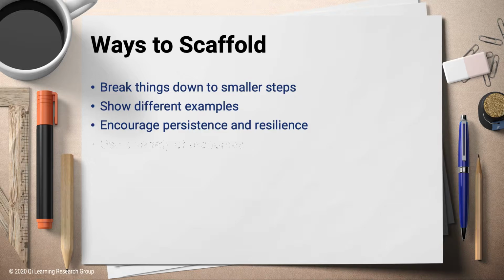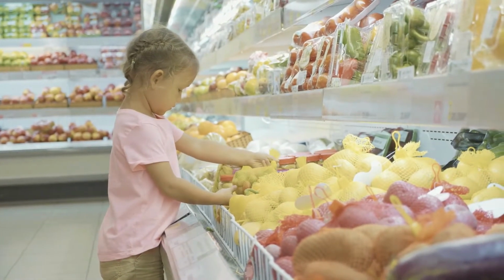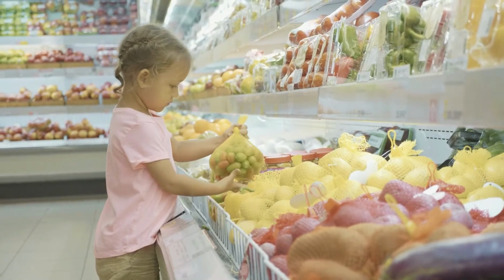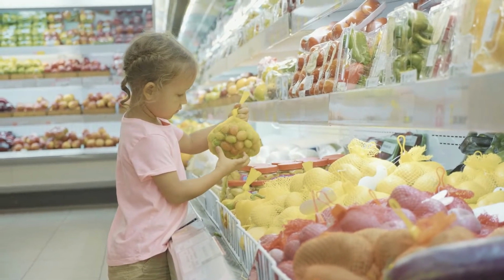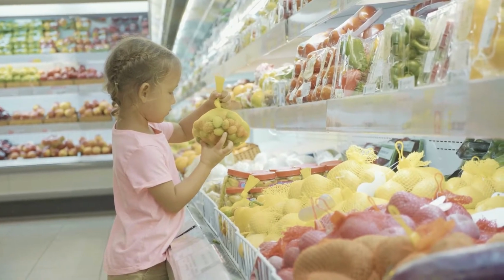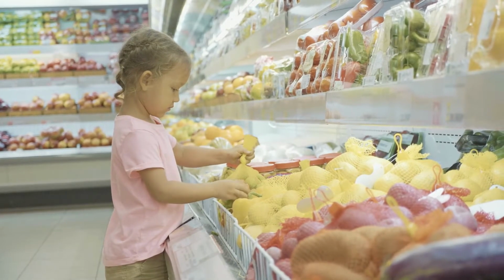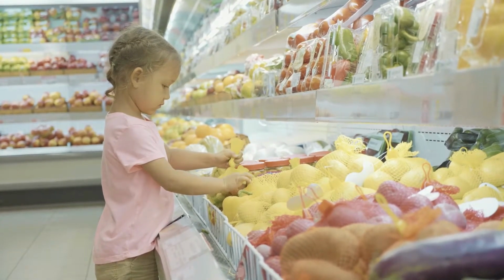Now, using a variety of resources is also a great way to build your child's knowledge and competence. In my video on autonomy, I talked about how giving children choices can actually help with motivation because it gives them some autonomy and control over the situation. You can raise a student's competence by providing a menu of different resources to scaffold moving across that gap.